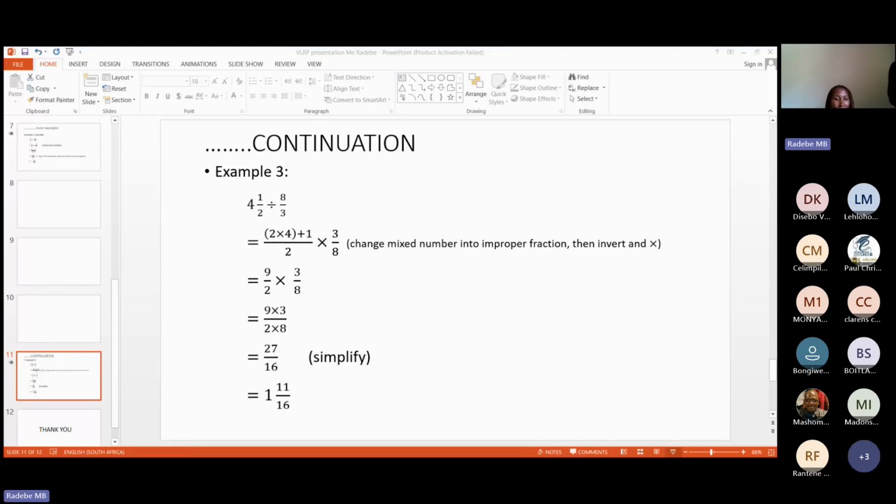Now we can further simplify this because it is an improper fraction. So we simplify by dividing 27 by 16. It will give us 1, and that will be our whole number part. And there is a remainder of 11 there. That will be our numerator, and for the denominator, we take the denominator that is in the question.